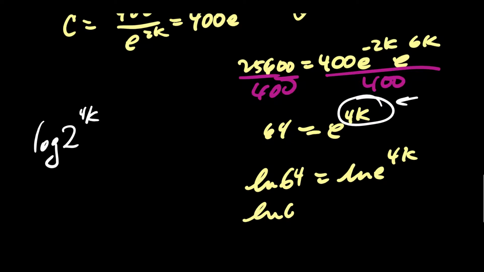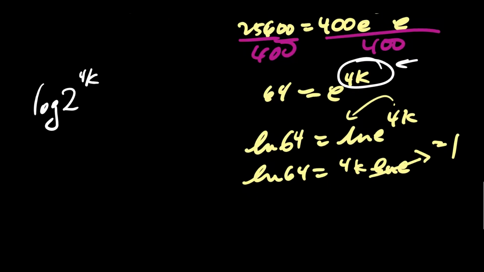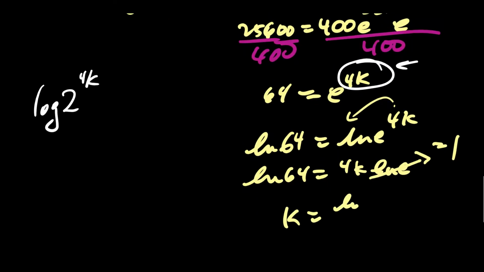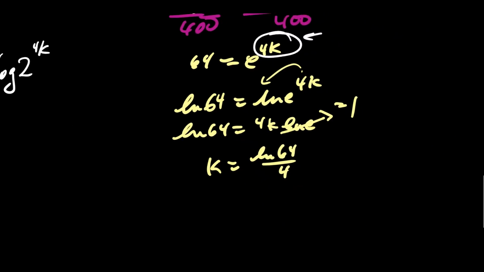So now this is natural log of 64. The 4k comes down in front using the power rule. Natural log of e is equal to 1. And so k is the natural log of 64 over 4. There's a couple ways you can go from here.